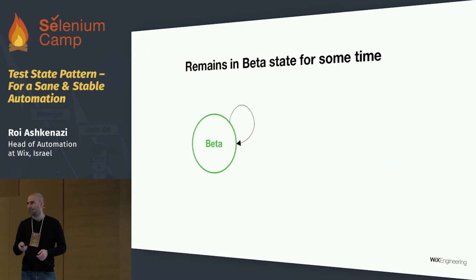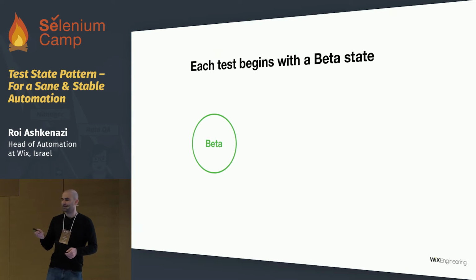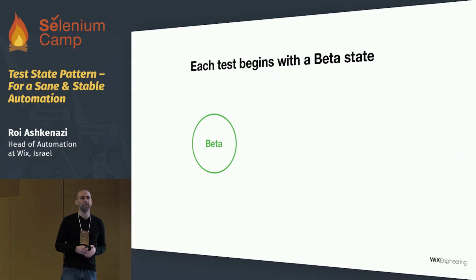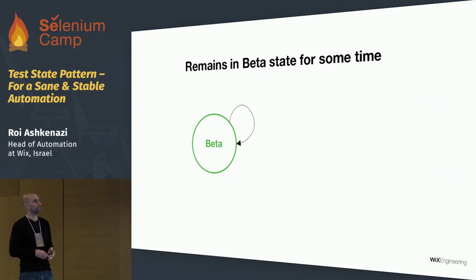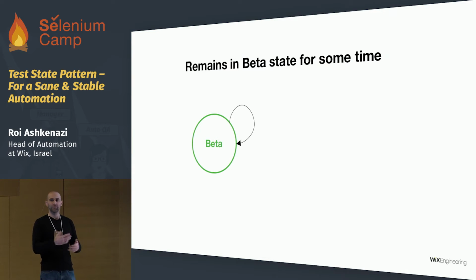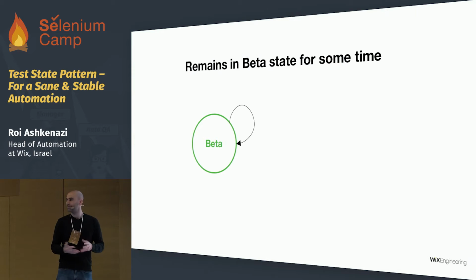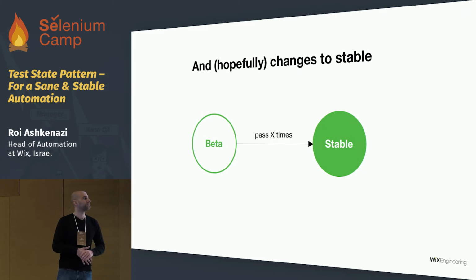Every test, of course, starts in a beta state. We just take the beta idea from before: it starts in a beta state, and remains there for some time. It's running again overnight, and hopefully it goes to stable after it passes enough times.